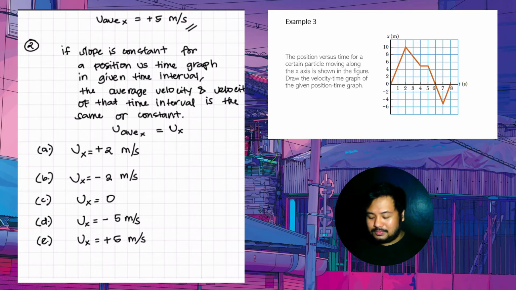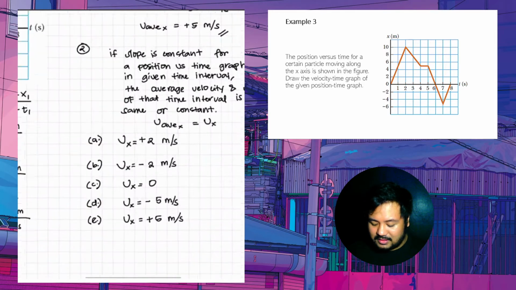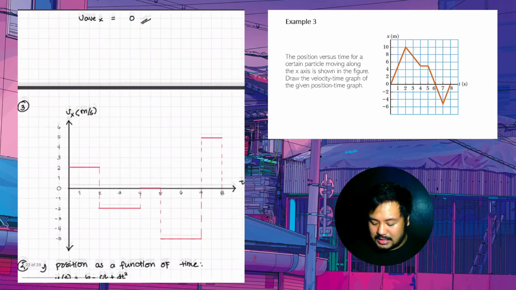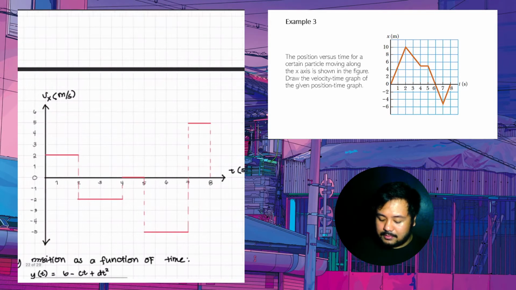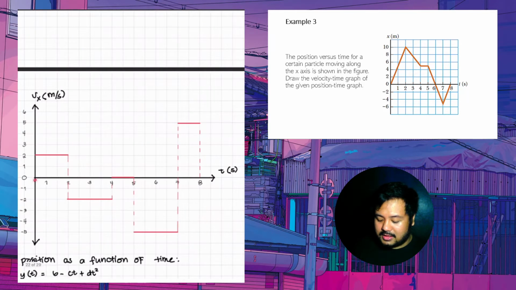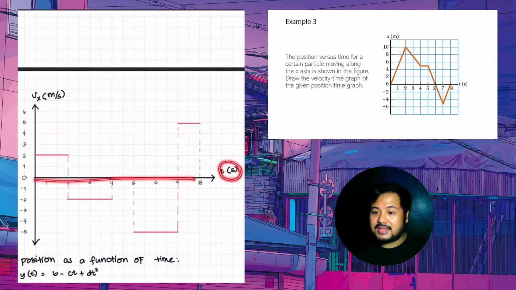It is up to you how you will denote the intervals, but I have this answer now, or this graph. So you have the vertical meters per second. I have the time now. I have the time in seconds.